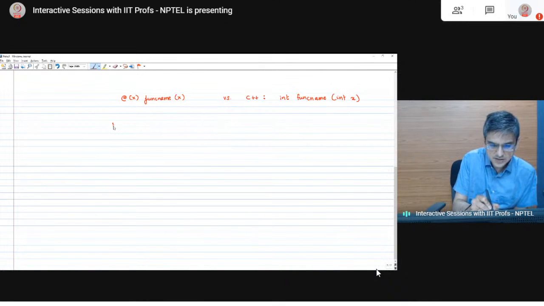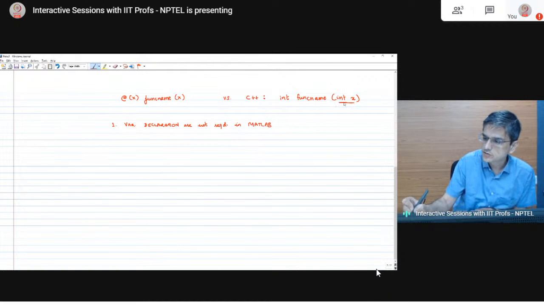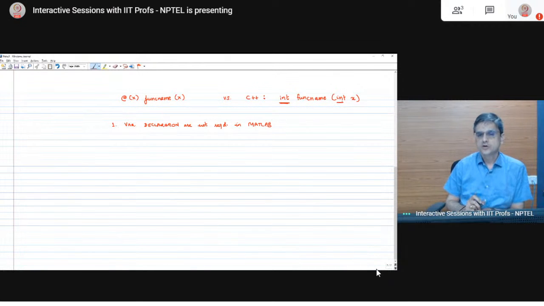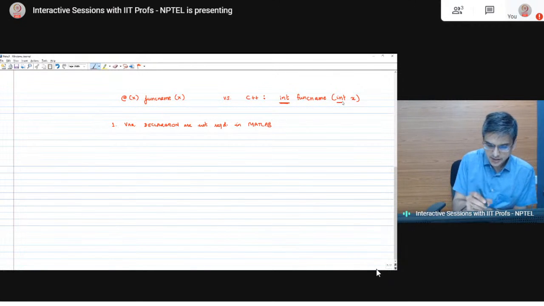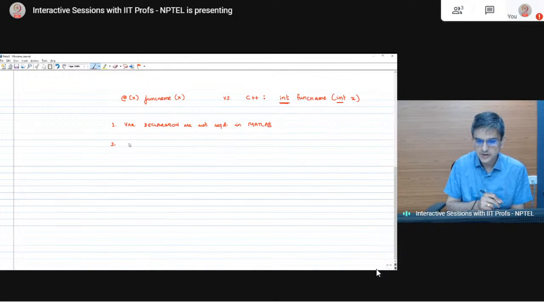The first thing of comparison is variable declarations. They are not required in MATLAB. So you don't need to say the int part.